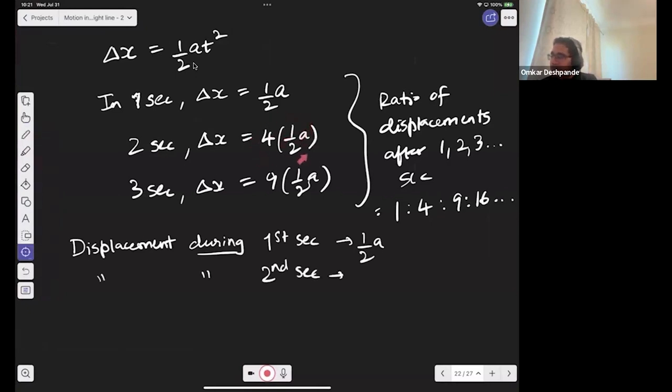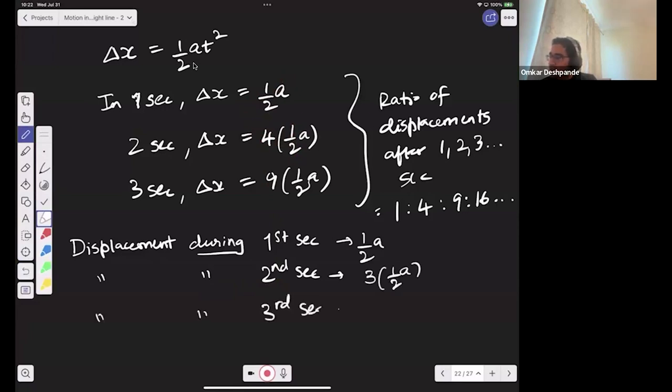It's going to be 4 times this minus this, because we are looking at the displacement from t equal to 1 to t equal to 2. So that would be 4 times this minus 1 times this, which is 3 times half a. The displacement during the third second would be 9 times this quantity minus 4 times that quantity, which would be 5 times that quantity.